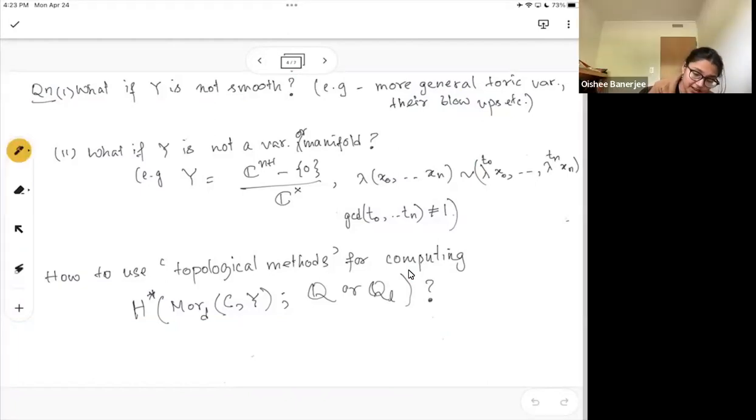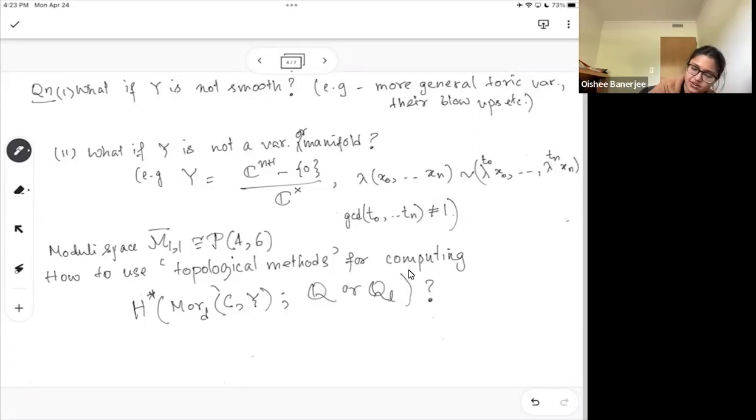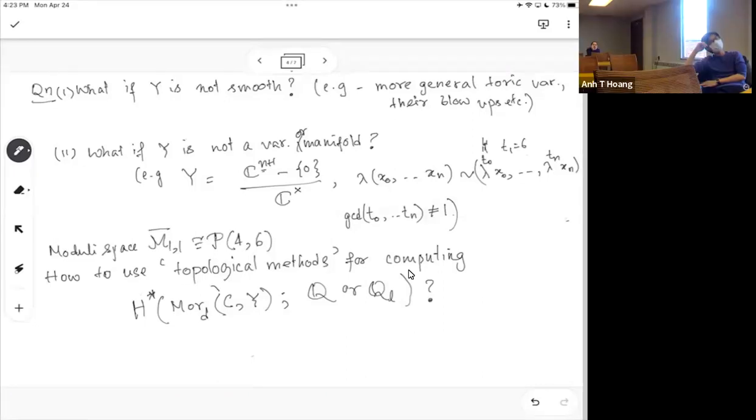Very much so. The moduli space of genus one surfaces with a marked point, M_{1,1} bar, is actually isomorphic to this weighted projective space P(4,6), where T0 has weight 4 and T1 has weight 6, and N is just 1 here.